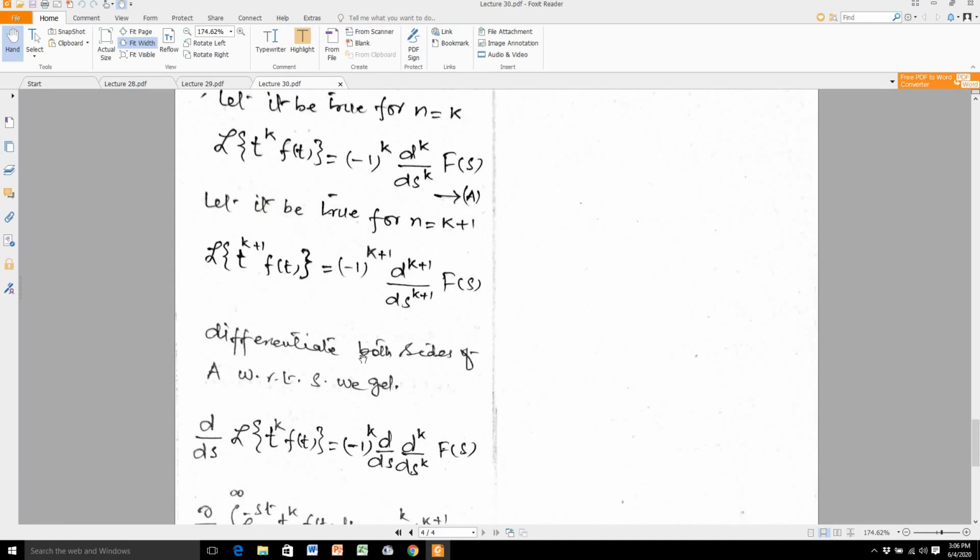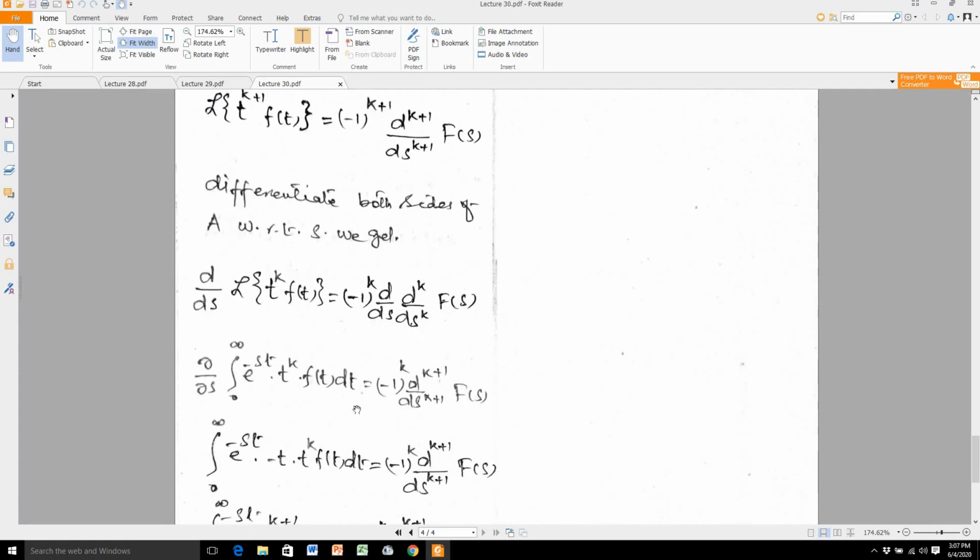So I am writing here, differentiate both sides of equation A with respect to s. We get d by ds into Laplace of t raised to the power k f of t is equal to minus 1 raised to the power k into d by ds into the kth derivative of F of s. Here again I am using the same definition.